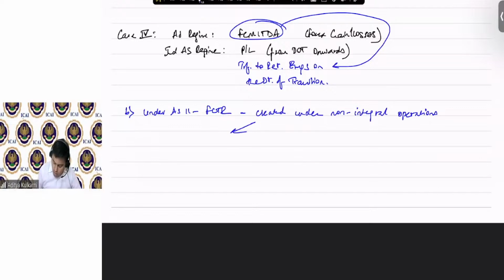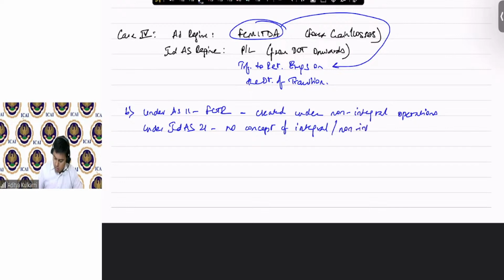But under Ind AS 21, no concept of integral, non-integral operations.